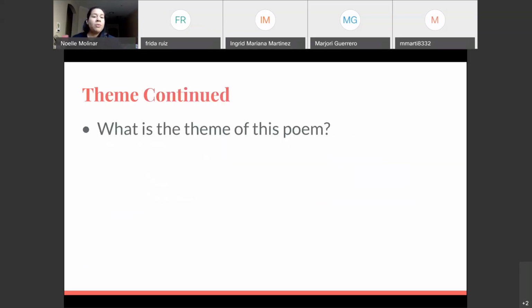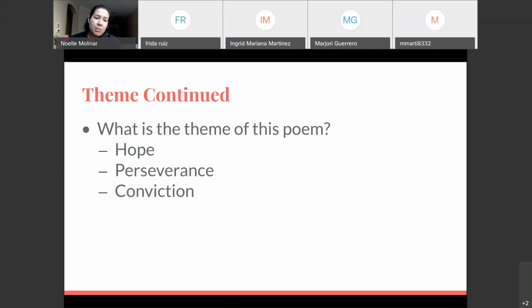So for this poem, The Rose That Grew from the Concrete, we have to start asking, well, what is the theme of this poem? In my opinion, it's about hope, perseverance, and conviction. Now, if I had to choose just one, I would probably say perseverance, because there's obviously a difficult situation for this rose or this person, but they continue to do well.